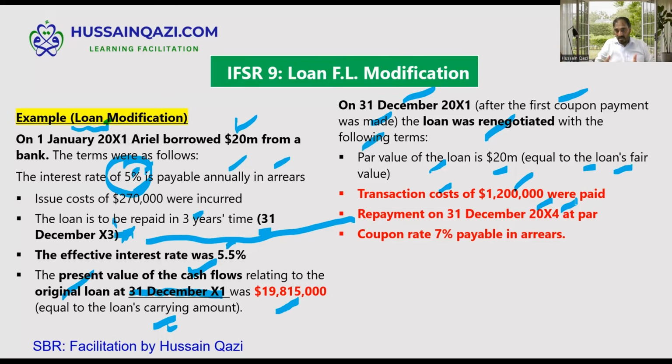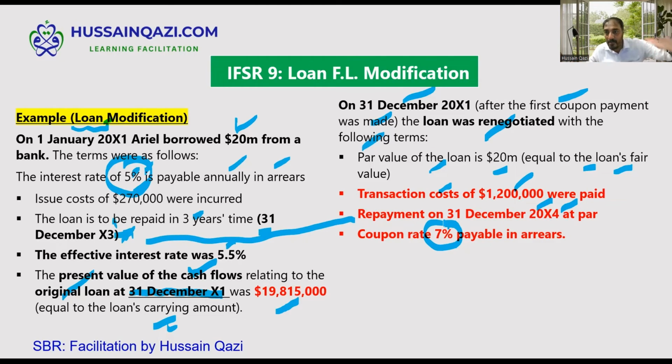So that means the duration of the loan has extended, and the interest rate is now 7%. The interest rate has also changed, but it's not compulsory that the interest rate always increases. It may be possible that the interest rate decreases. It depends on negotiation. We will not comment on why this happened.